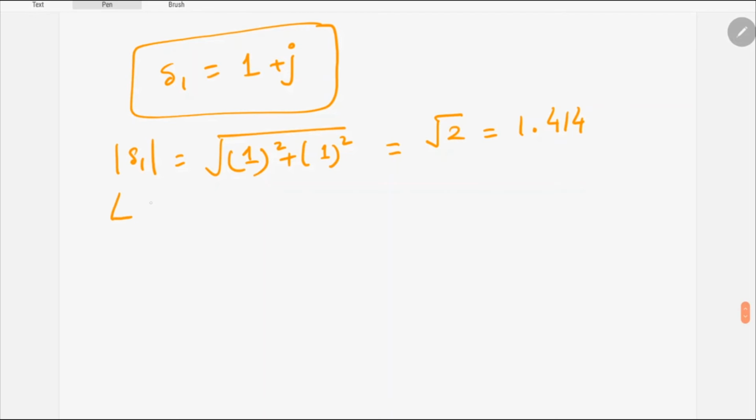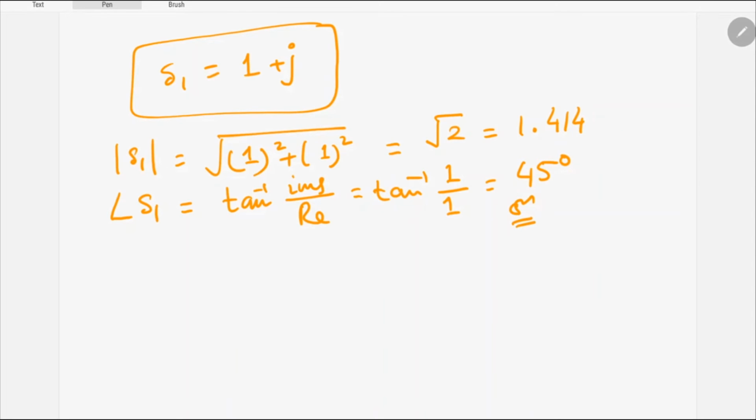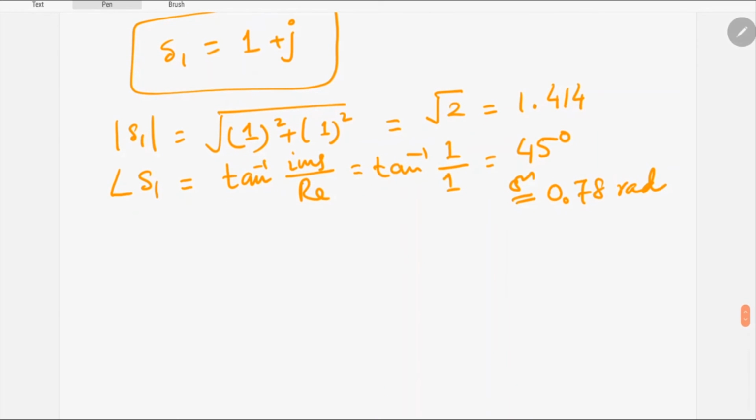If I take the angle of S1, it's the tangent inverse of imaginary upon real, so both are 1, and tangent inverse of 1 is equal to 45 degrees, or 0.78 radians.